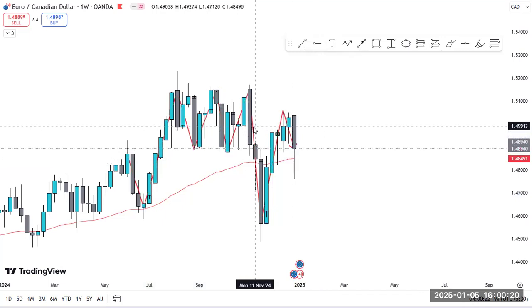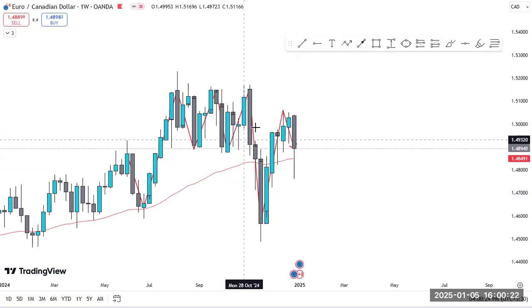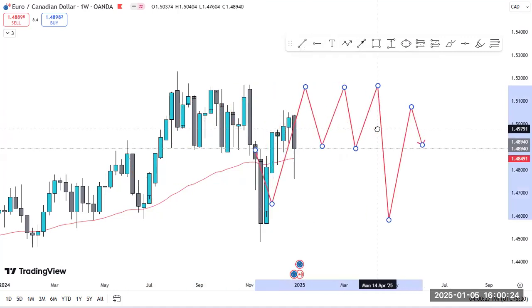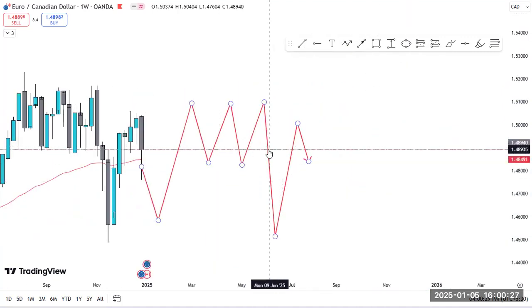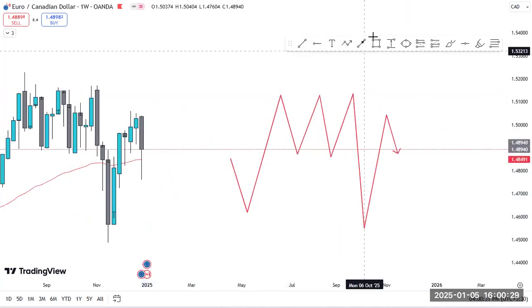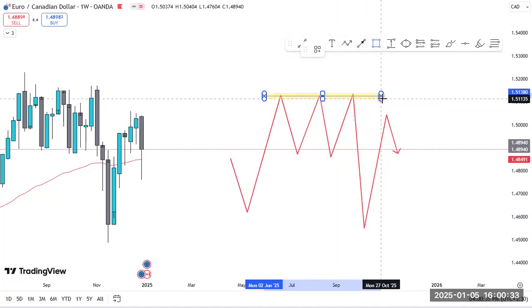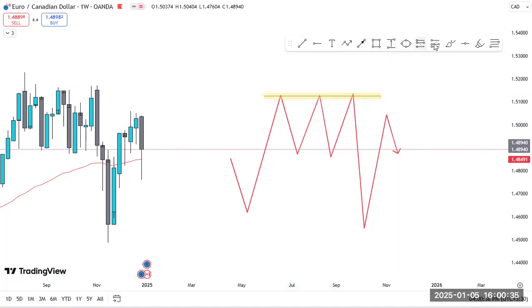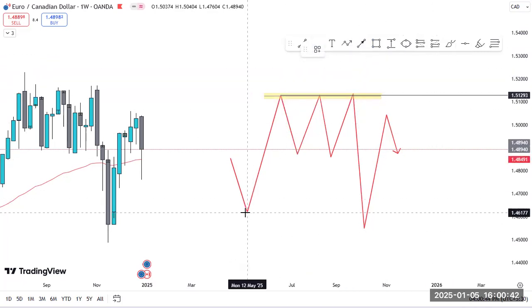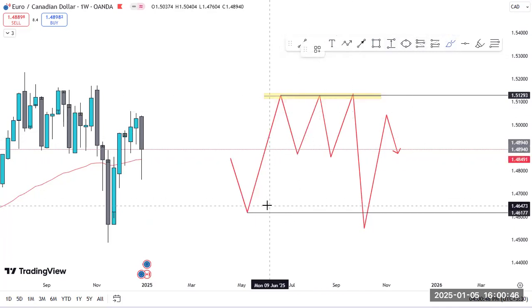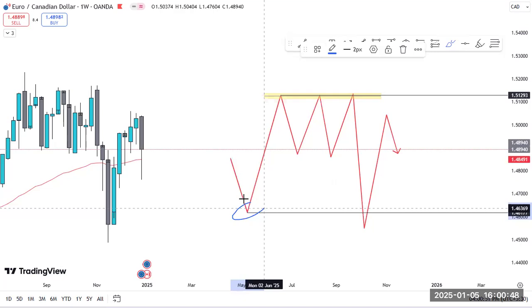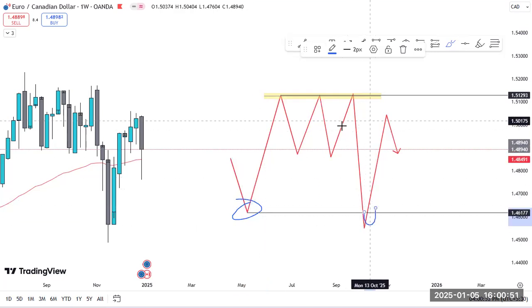Let me show you why. Let me take this out for a little bit. This is our structure. If I assume that these three are equal highs, this is my higher high and this is my higher low for this moment. As soon as we broke below this, we are in a downtrend.